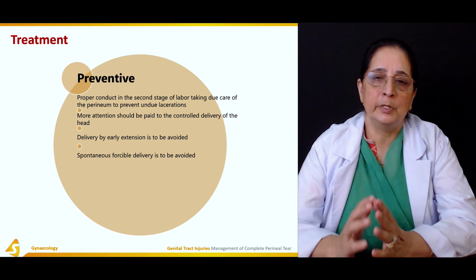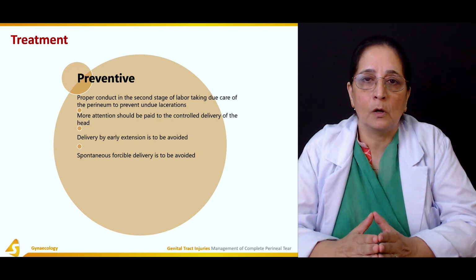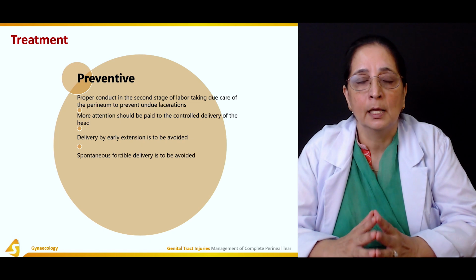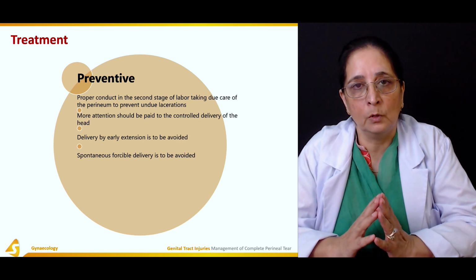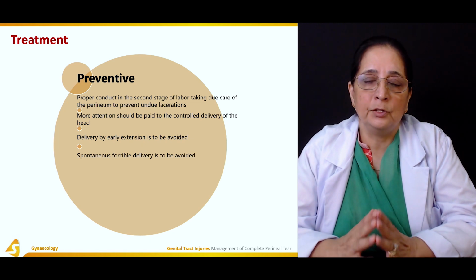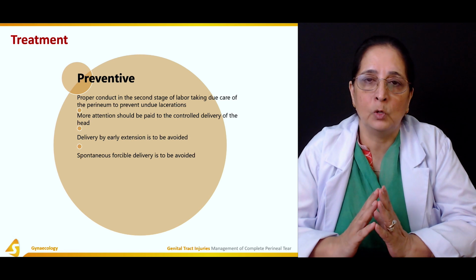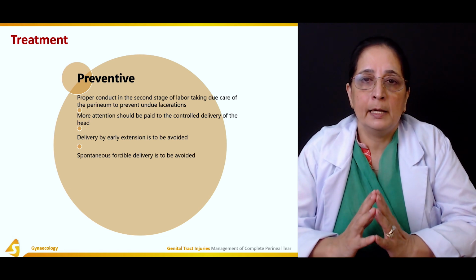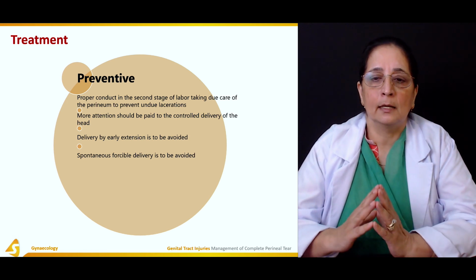Never try to deliver the baby forcibly. That force can cause very bad lacerations and injuries that can be hard to repair afterwards. So second stage of labor should be well managed, well controlled. Head should be delivered properly, and extension should be done only when the head is out.